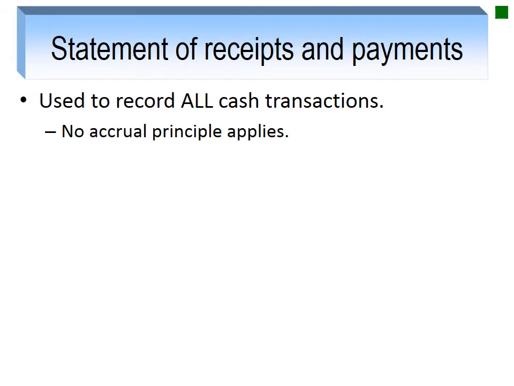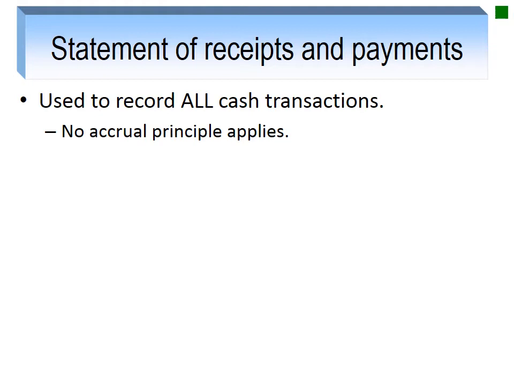A statement of receipts and payments is something that will typically get used in small non-profit companies where they're really just doing everything on a cash basis. In other words, they're working with a bank account, they don't buy much on credit, and they don't sell anything on credit. So they record their transactions in cash and there's no accrual.